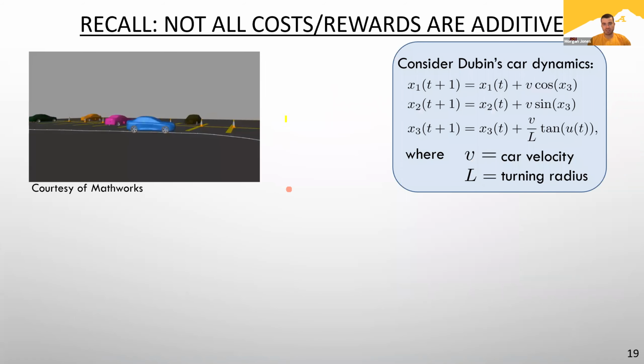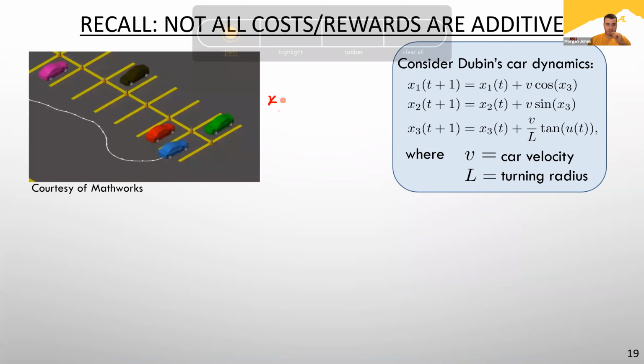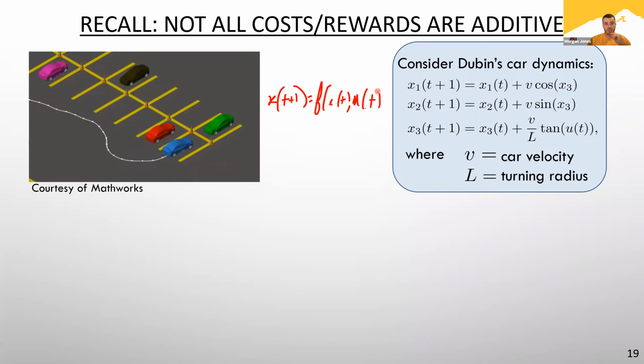So if we consider Dubins car dynamics, so this is dynamics of the form x_{t+1} = f(x_t, u_t), as we have been considering dynamics of this form. It has some nonlinear trigonometric terms, and also the input is in the third dynamic equation.